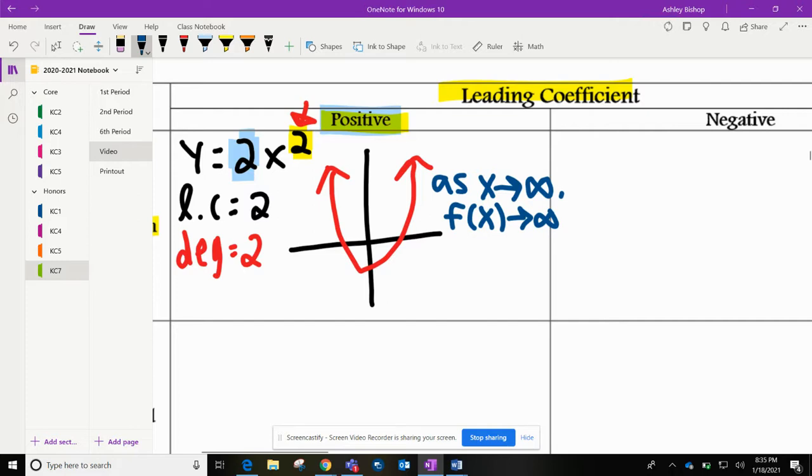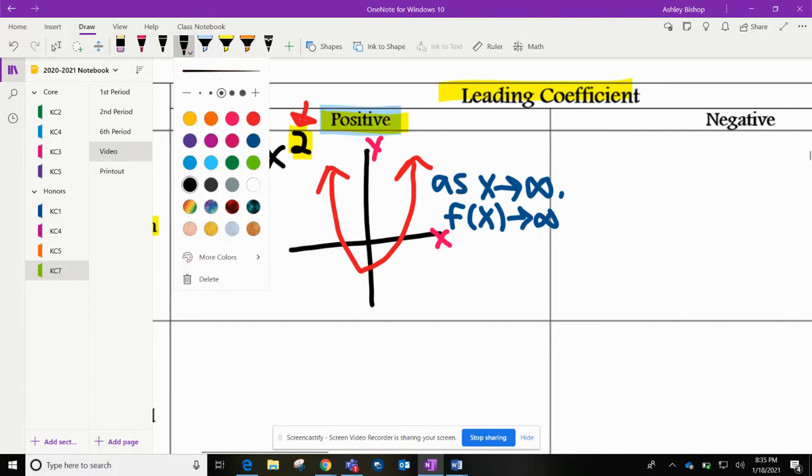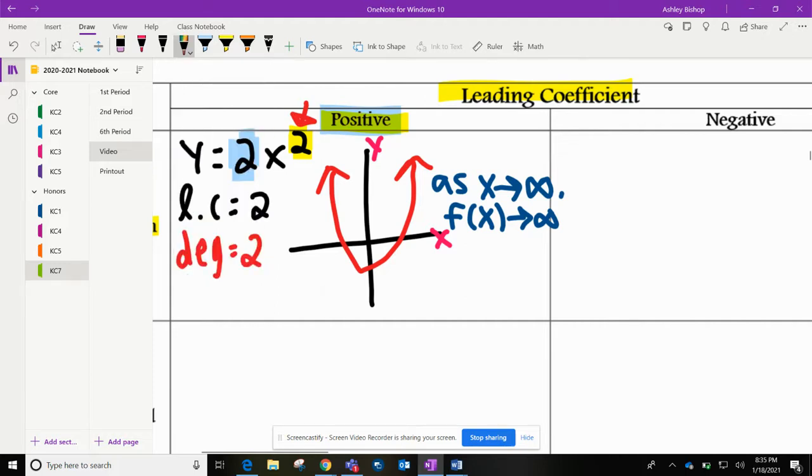This graph, the x numbers, let me get pink involved. The x numbers are going horizontal, the y numbers are going vertical. This means as my x numbers go to the infinity direction, positive infinity direction is going to be all the way over here, right? Positive infinity is forever to the right, okay?